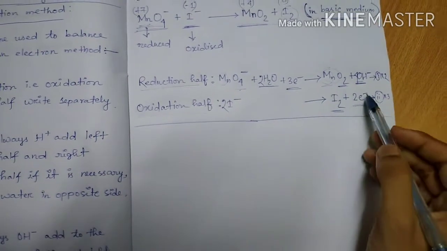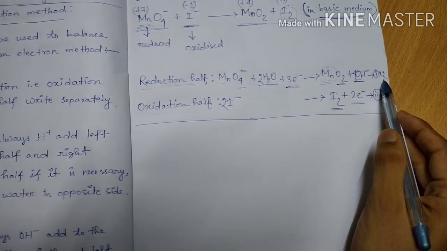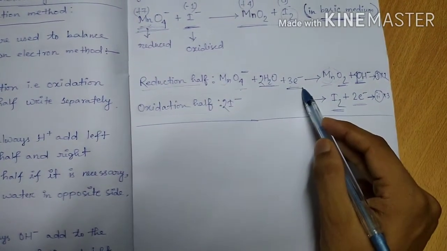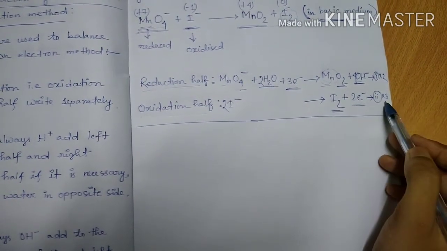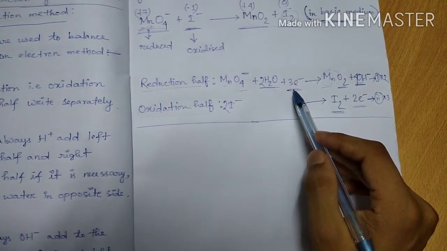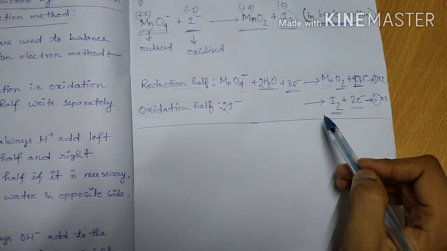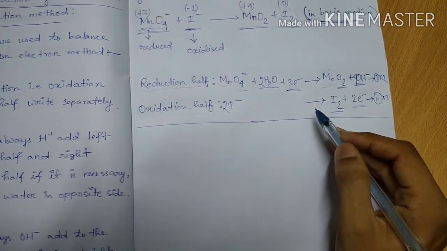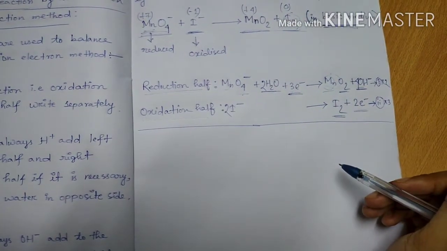You see here, 3 into 2 becomes 6, that is 6 electrons, and here also 2 into 3, that is 6. So in both cells the number of electrons will become 6, that is, the electrons will be cancelled if we add.